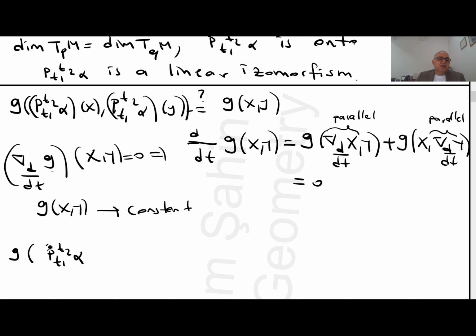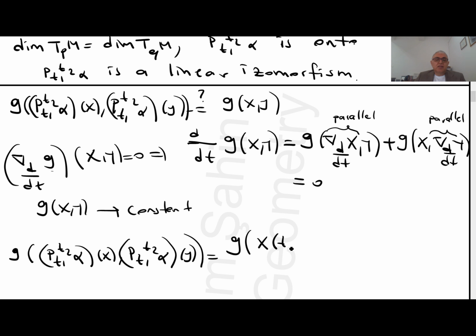So now g(α, x, P_{t1,t2}^α y). By the definition of the parallel transport, you have this one, x(t2), y(t2). But because we know this is constant, I can write this one also.